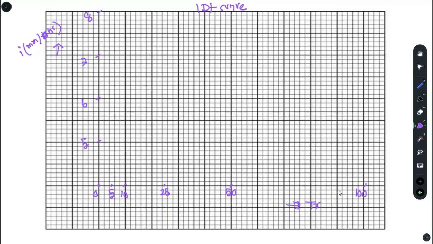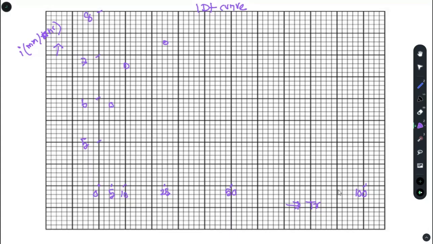So for return period 5, we got an intensity of 5.82, somewhere over here. For 10, it was 6.33, somewhere over here. For 25, the value is 7.3, somewhere over here.